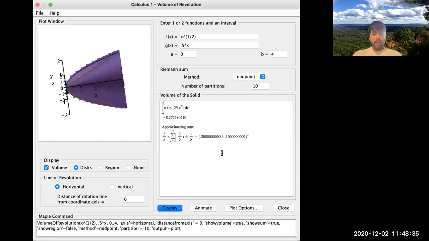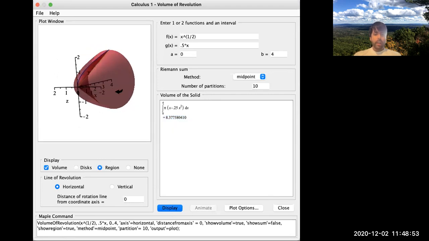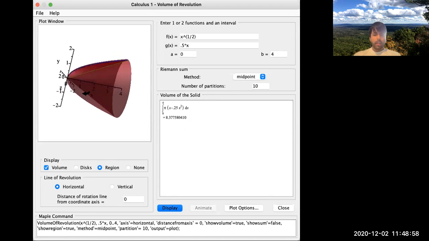And then just to verify, let's see what Maple says. Maple says the volume of the solid is exactly 8.377, which is the approximation of 8/3 pi. So when we revolve the region around the x-axis, this is the solid that I get. Okay.